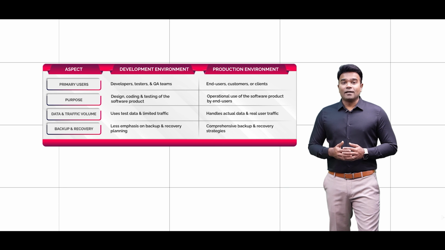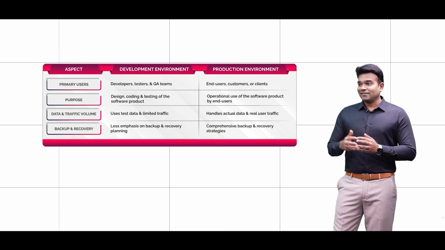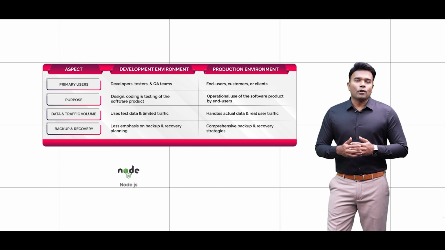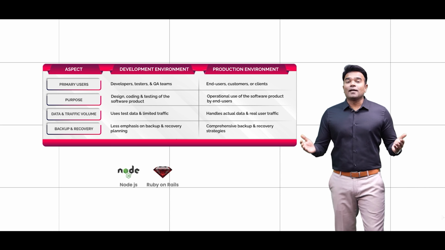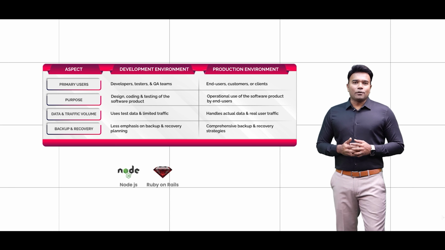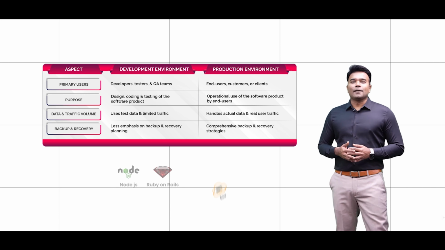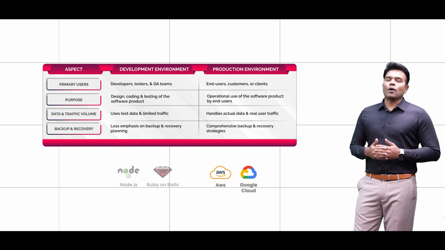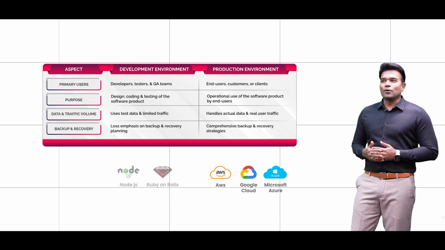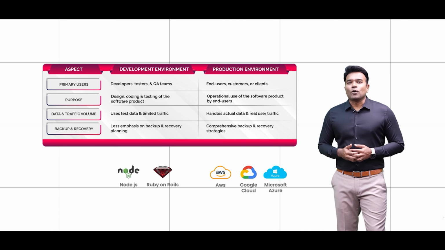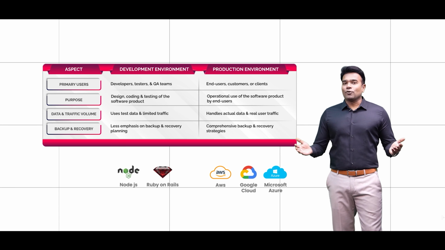So all said and done, development environments such as Node.js or Ruby on Rails ensure that all of these expectations of the development environment are met. Similarly, production environments such as AWS, Google Cloud or Microsoft Azure ensure that all of these aspects related to making the software product go live and accessible to millions of users are met.